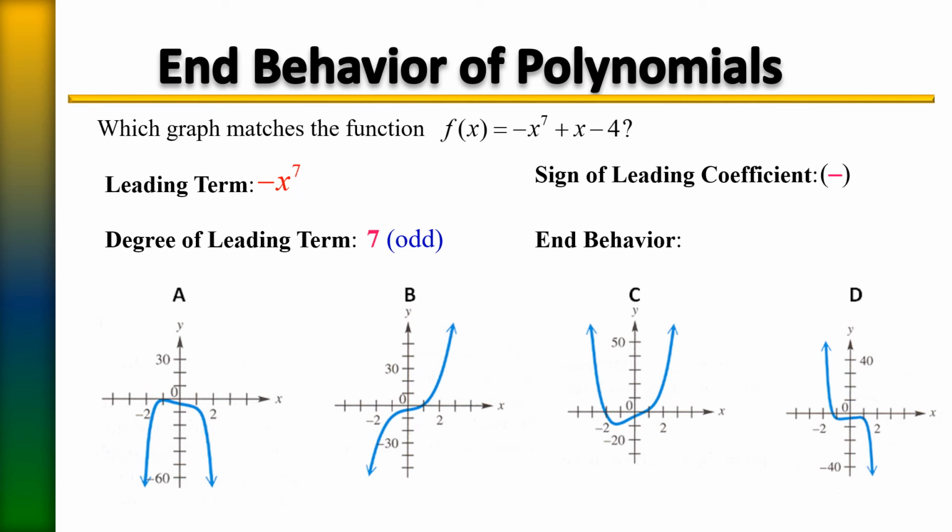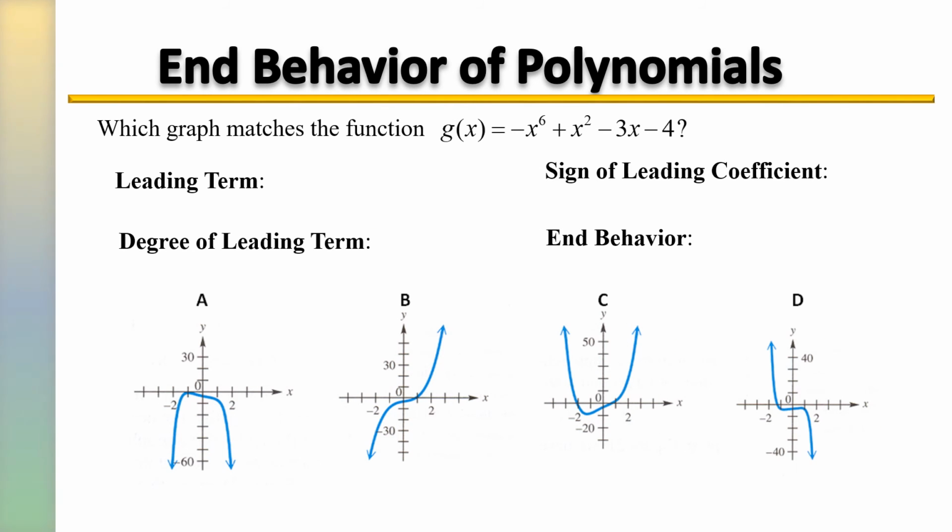We can already cancel out choice A and C. There's no way it could be A or C because A and C are even degree polynomials. So we are looking at it to be either B or D. Based on the sign of the leading coefficient, it is going to be a graph that starts out with a rise and then falls, it ends up falling because of the sign of the leading coefficient, and so that matches graph D.